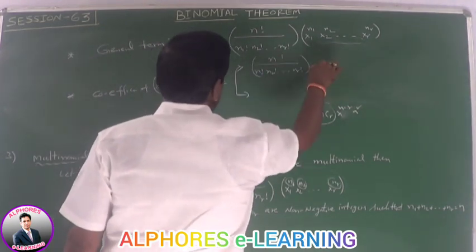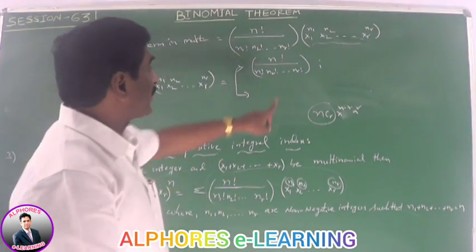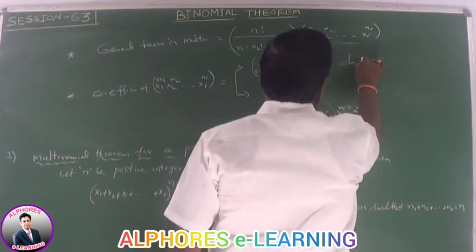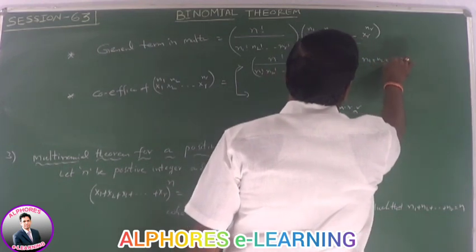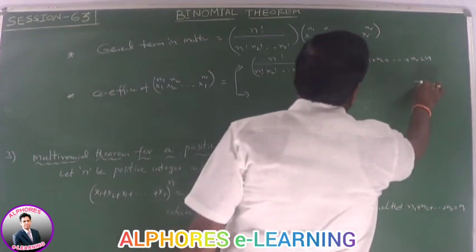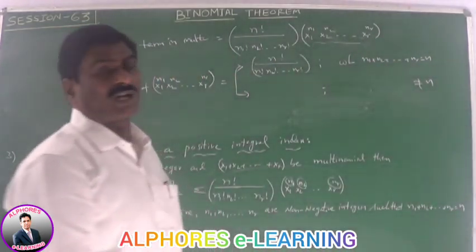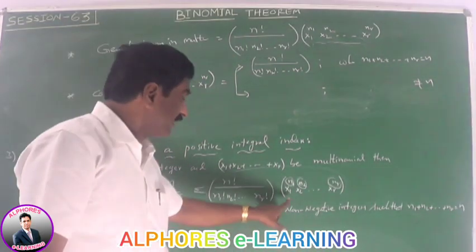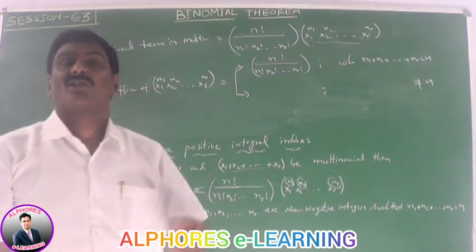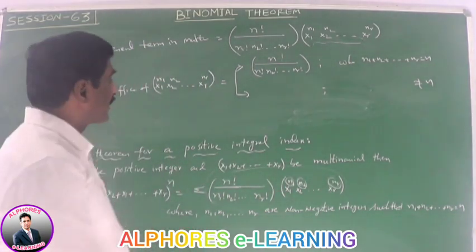When is it possible? It is possible only when n1 plus n2 plus so on, n suffix r is equal to n. If this sum is not equal to n, then this term does not exist in this multinomial expansion. That means if the term does not exist, the coefficient is 0.